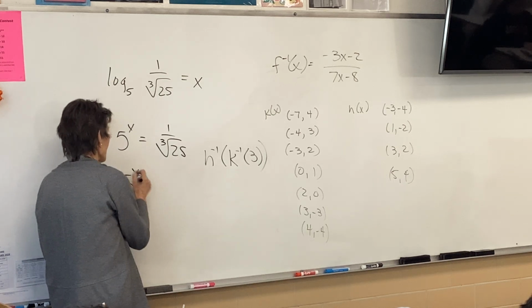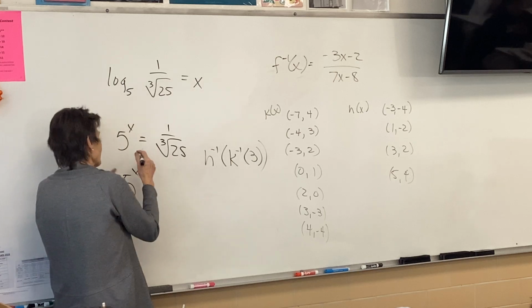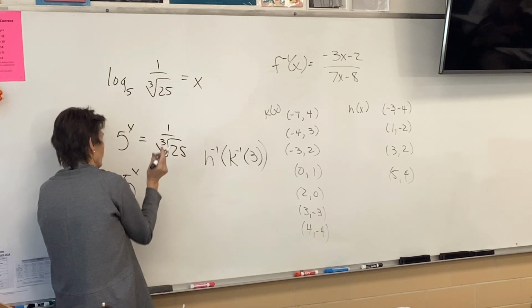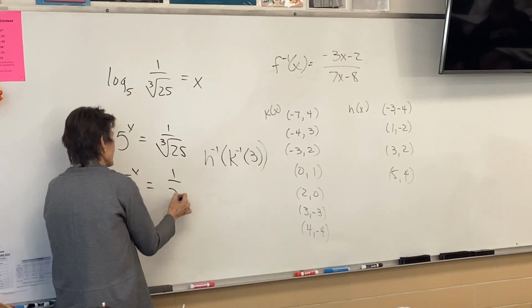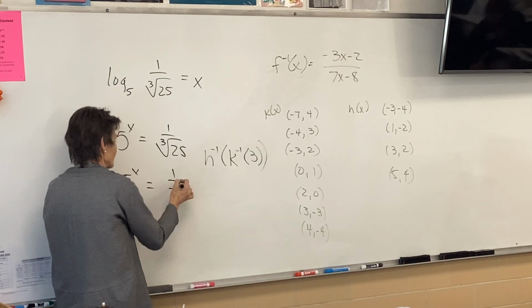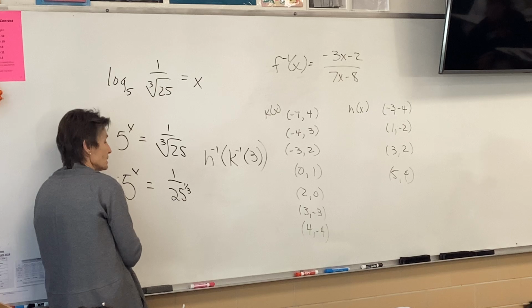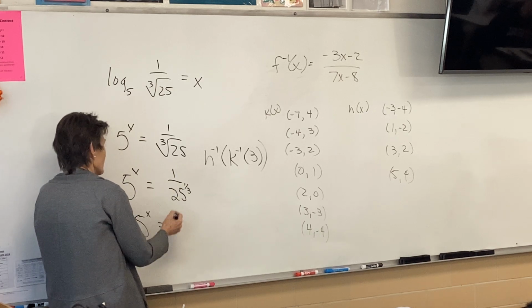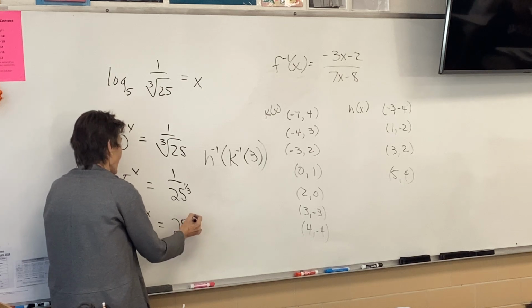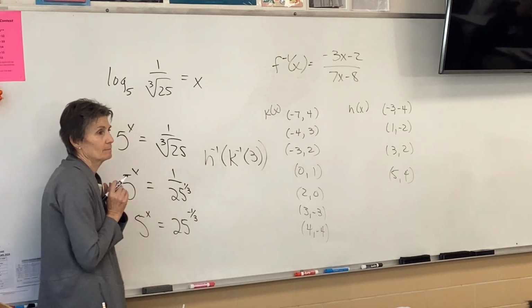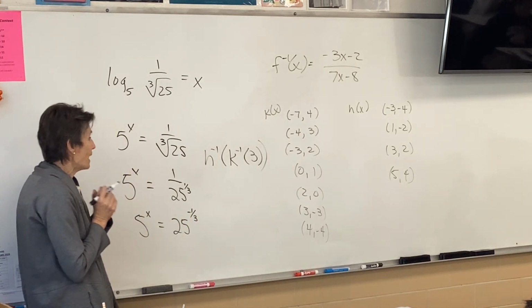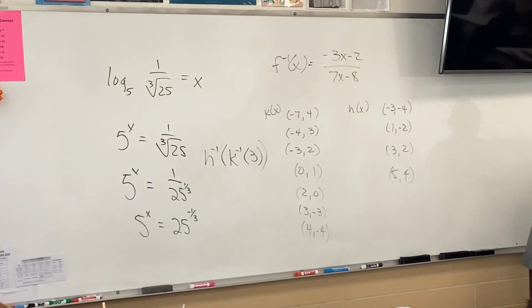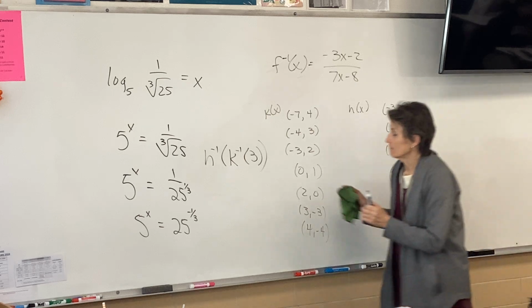So 5 to the x equals, all right, let's first of all get this under control. What does a cube root mean? That is a 1/3 power, right? Since it's 1 over, could I think of that as 25 to the negative 1/3? Yes. And then I know that 25 is 5 squared.